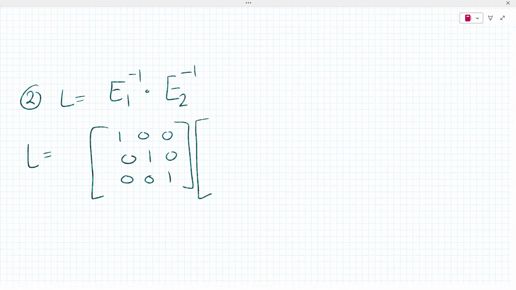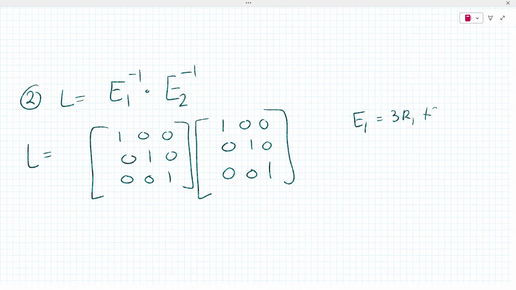We only had two. E1 was 3 row 1 plus 2 row 2 gives us row 2. E2 was row 2 plus 2 row 3 gives us row 3.